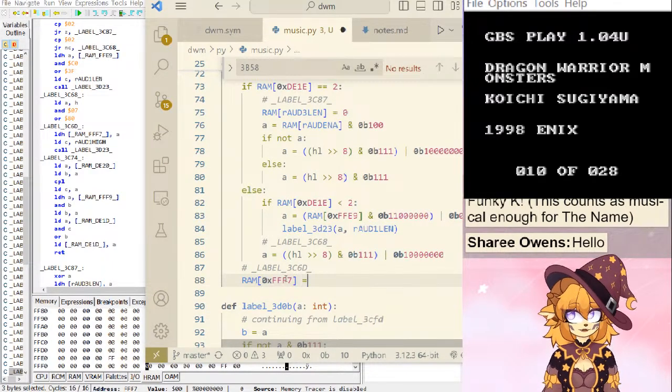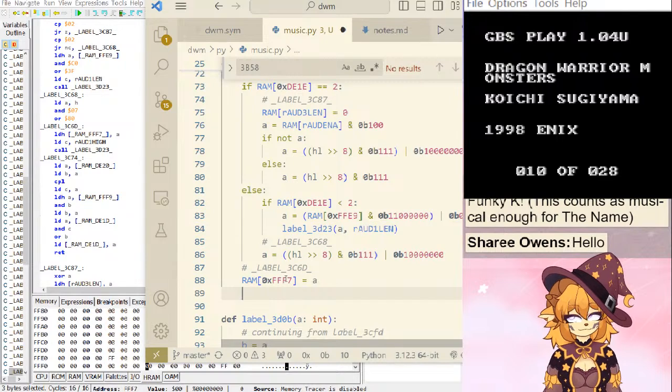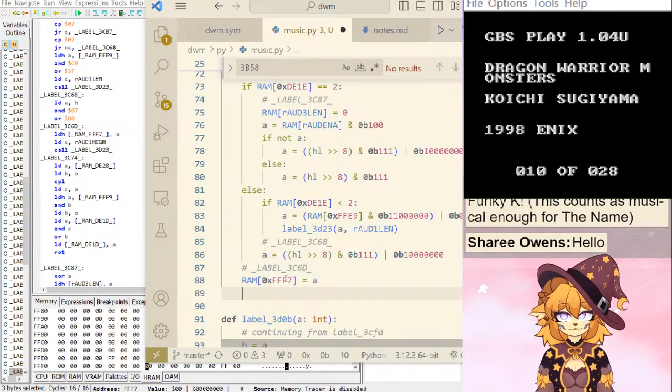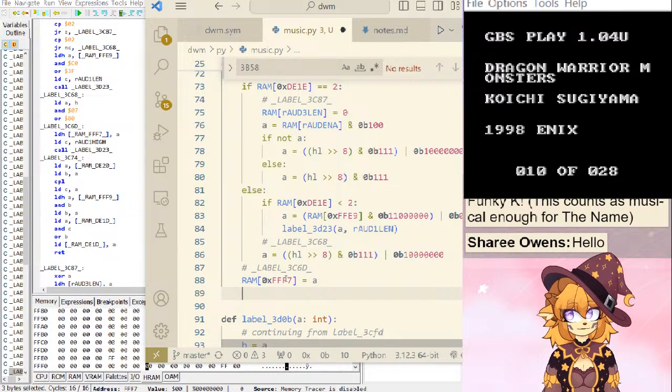FF7's the one we wanted. That sets the high period.